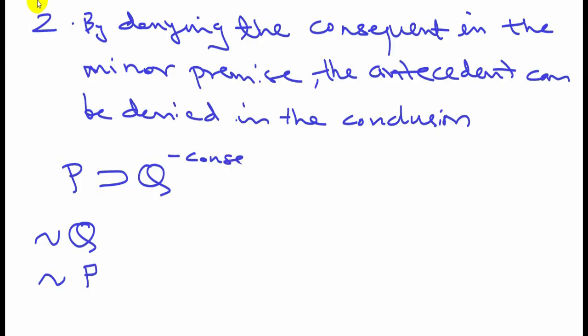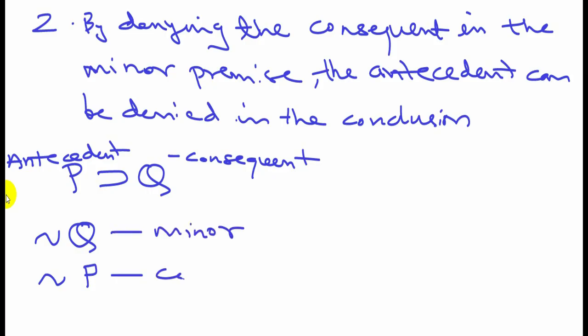This is consequent, and this is antecedent. P is the antecedent, Q is the consequent. Q is denied, that is, the consequent is denied by the minor premise, and the conclusion denies the antecedent.